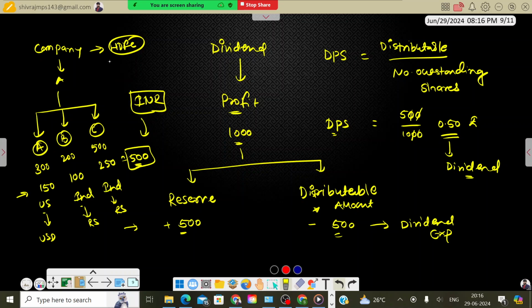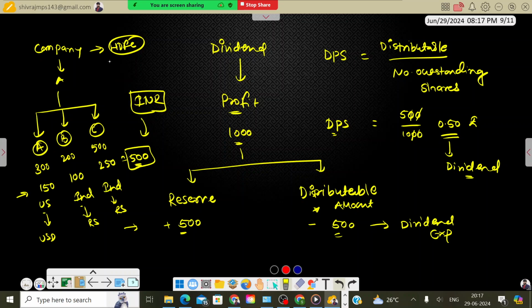Company A will directly transfer 500 rupees to HDFC Bank, and then HDFC Bank's payment team will take care of payment processing as per the securities instructions. It means as per the holdings the investors have in their demat accounts, the bankers will process payments to each holder.